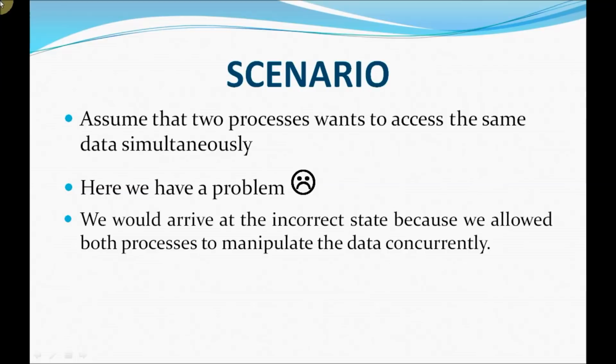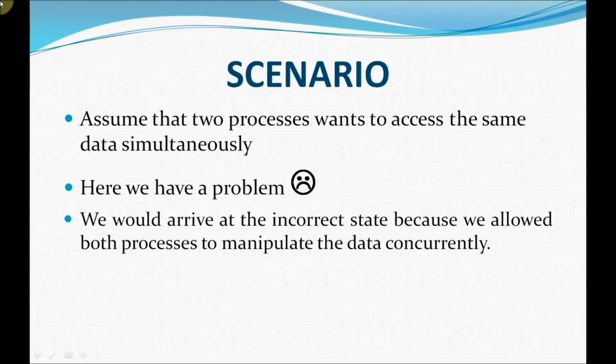So before understanding what a semaphore is, here I am considering a simple scenario. In that scenario, we have to assume that two processes want to access the same data simultaneously. But here we have a problem.